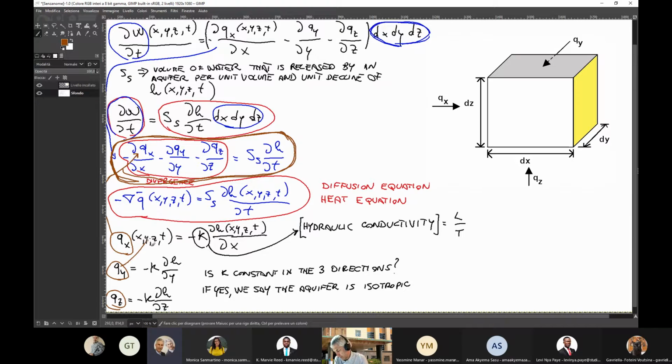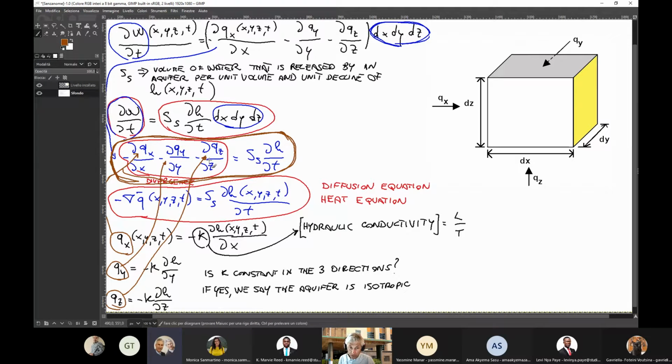Into here. And if I make this substitution, I am coupling the two equations. And basically what I'm doing by coupling the two equations is to eliminate Q from the equation, because the Darcy equation gives Q depending on h.